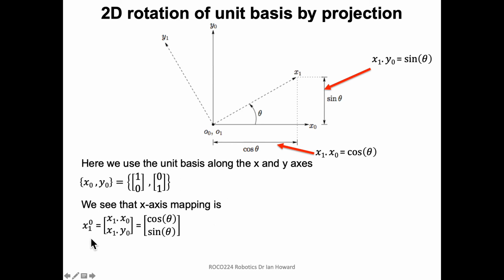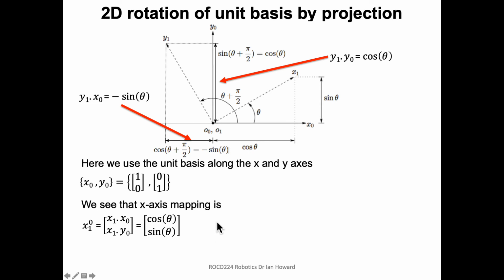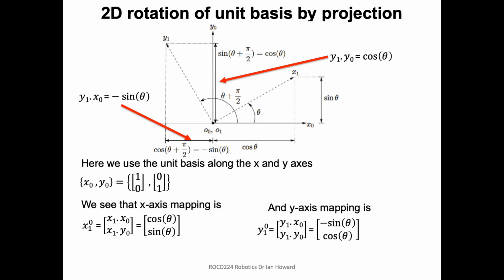We see that we end up with the mapping that x1 is given by the following transformation of a data point, which is basically a cos term multiplied by the x and then a sine term multiplied by the y. And if we carry on, what do we get for the projection onto the y-axis?